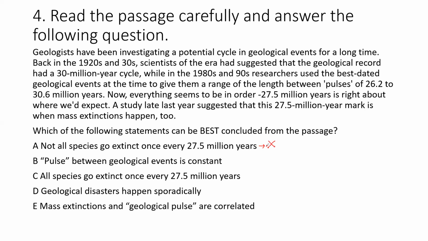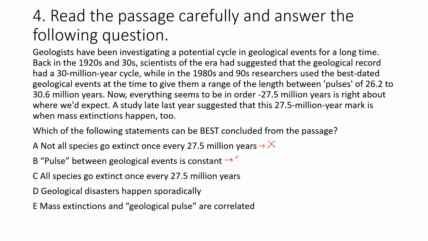Option B, pulse between geological events is constant. When we talk of pulse, the author stated the pulse ranged from 26.2 to 30.6, and in general it is happening around 27.5 million years, which is not a constant value.